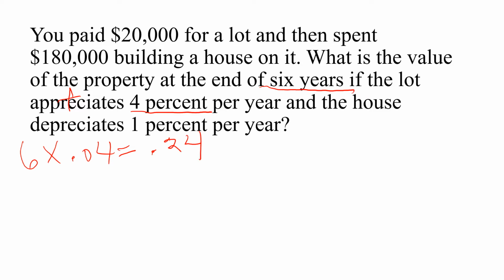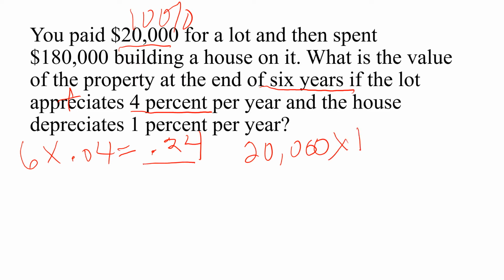So we take our lot, that's 100%, right? It's appreciating. So we take 20,000 times 100% plus 0.24 equals 24,800.